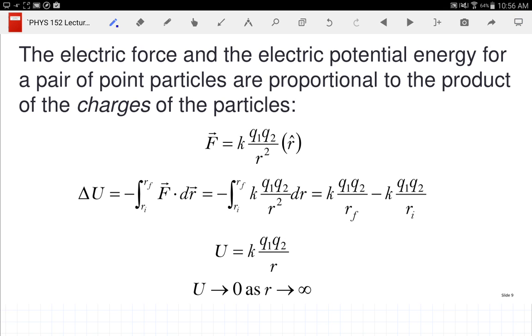You're moving from this distance to this distance. So you're not just multiplying by R. You do the integral and you find that your change in potential energy is KQ1 Q2 over R final minus KQ1 Q2 over R initial, which gives us U as KQ1 Q2 over R, which is all good except for one thing.